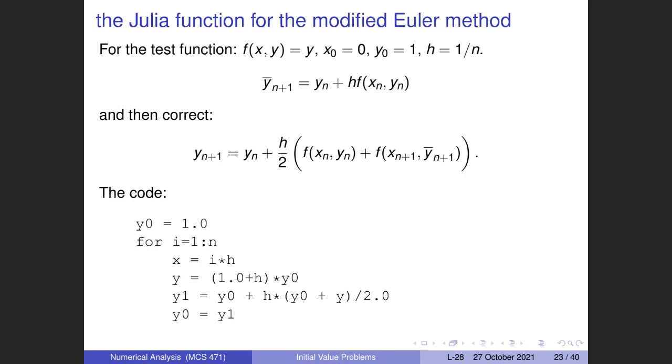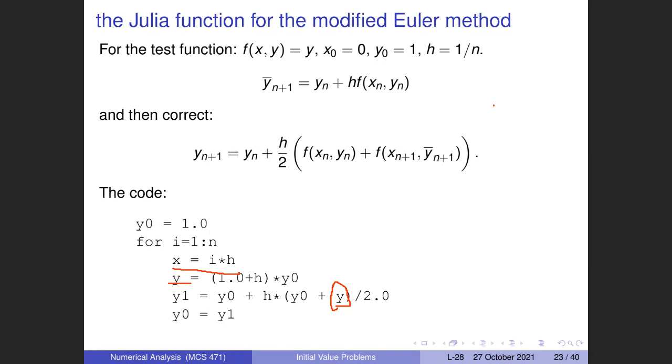For the test function, which is here back on top, we have a simpler implementation. Here the x is our x i. This is Euler, so y is Euler, and you see that the y is implemented here.